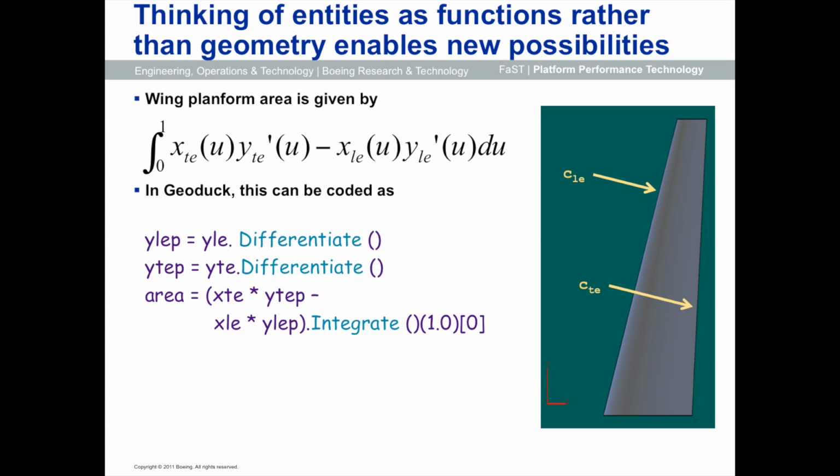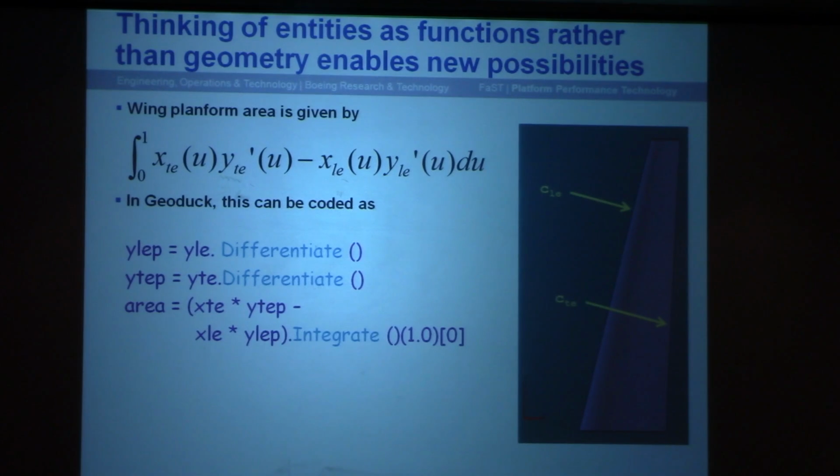Well, one of the things you can do in GuiDuck, because these are all piecewise polynomial functions, is combine analytic and numerical operations together and do certain operations analytically. So the derivative of a piecewise polynomial function is a piecewise polynomial function.